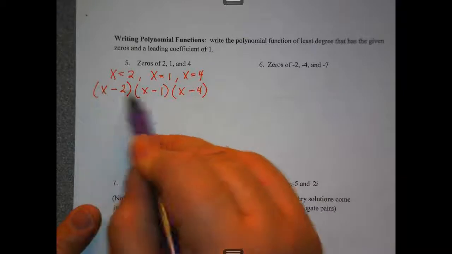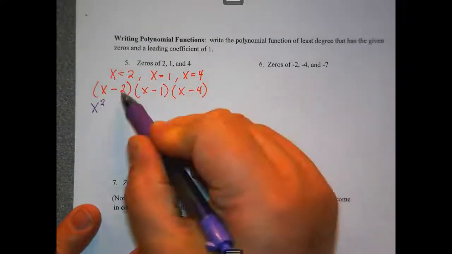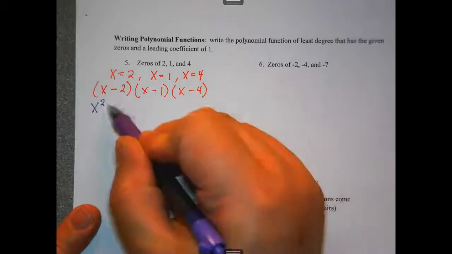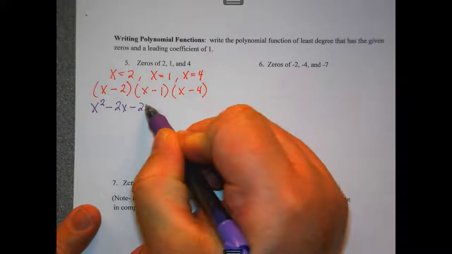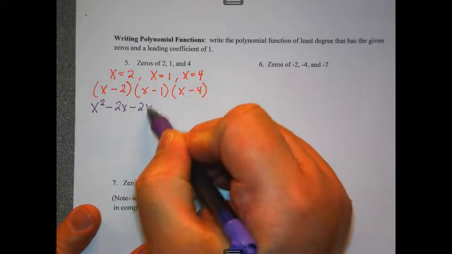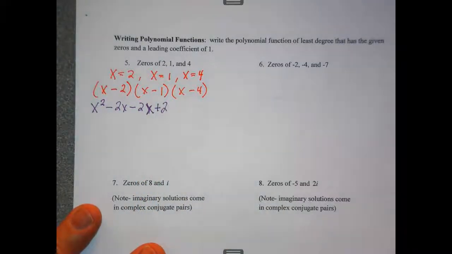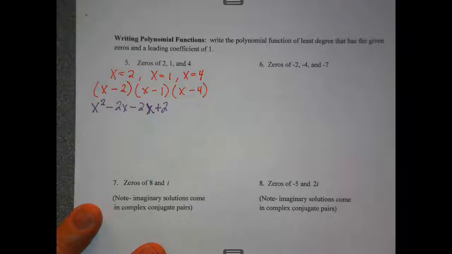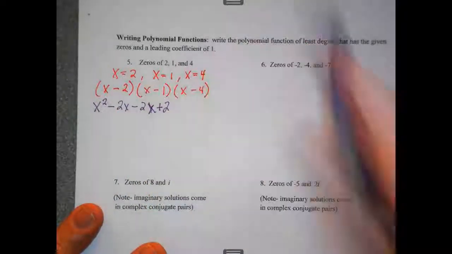Okay? X times x, x squared. Minus 2x. Minus 2x. Negative 2 times negative 1, positive 2. Oh, I'm sorry, there's a 1 there.